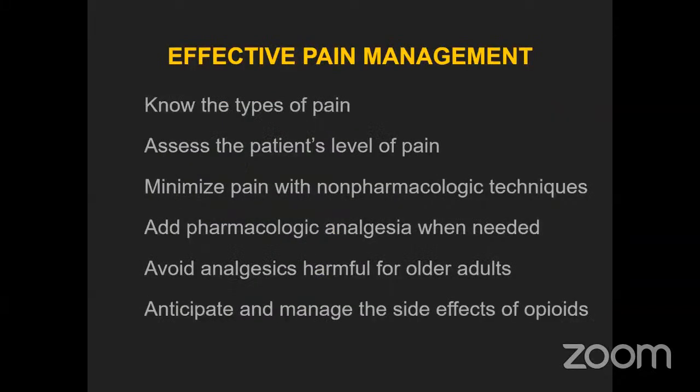For effective pain management, we know the type of pain, assess the patient's level of pain, minimize pain with non-pharmacologic techniques, add pharmacologic analgesia when needed, avoid analgesics harmful for older adults, and anticipate and manage the side effects of opioids.